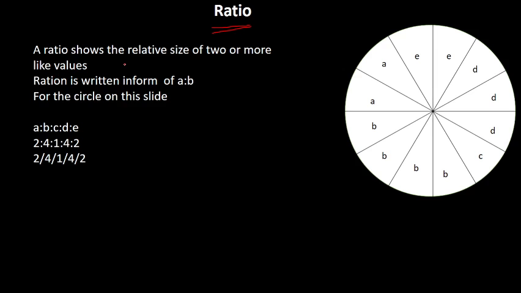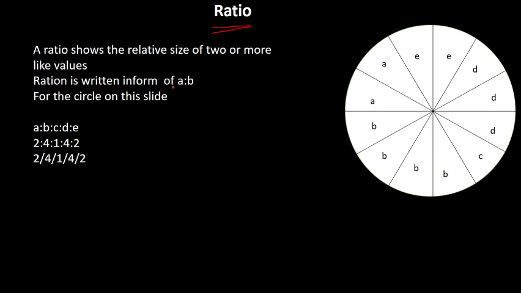The meaning is that whatever numbers you are going to use, they should have the same unit. Length and length, time and time, velocity and velocity, money and money, whatever you want to use, you must use items of the same unit. That is ratio.